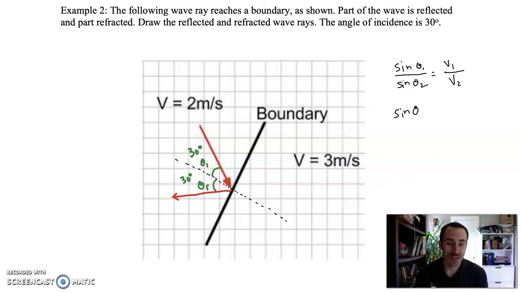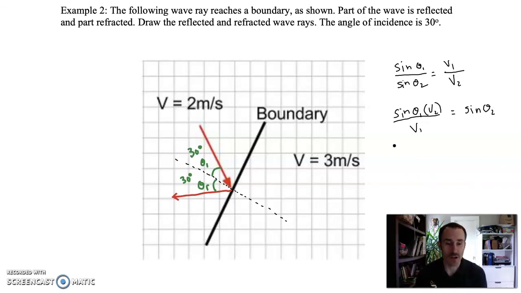Sine of theta 1 times v2 over v1 is equal to the sine of theta 2. So when we solve this, we're going to get the sine of the angle that we're looking for, and then we'll need to do the inverse sine in order to actually solve for the angle of refraction.